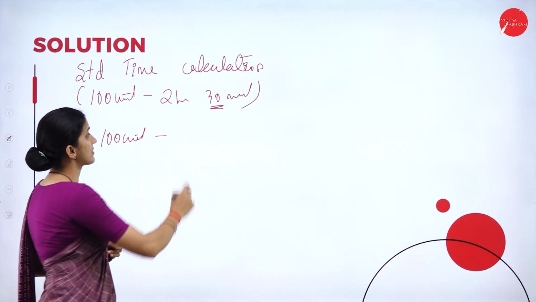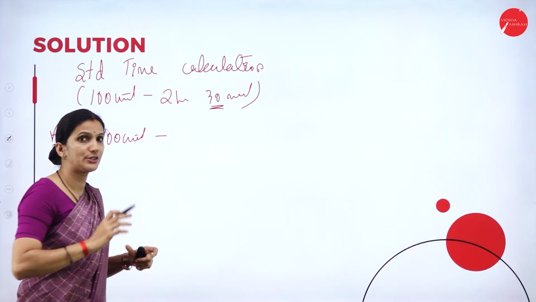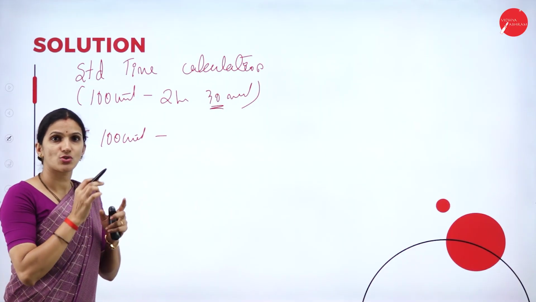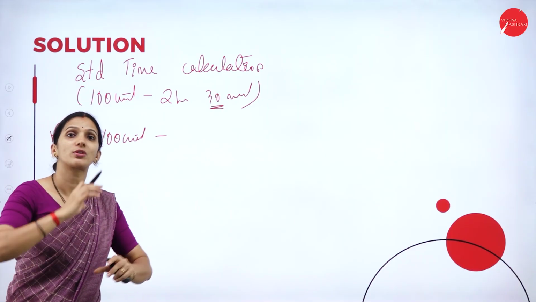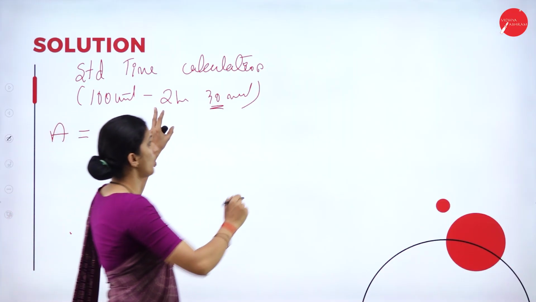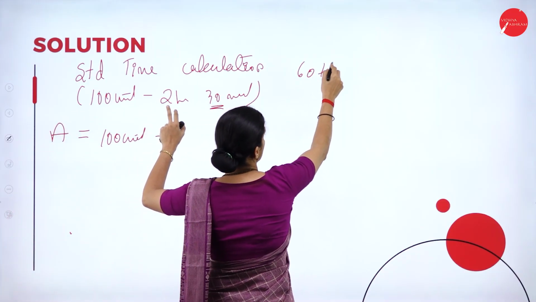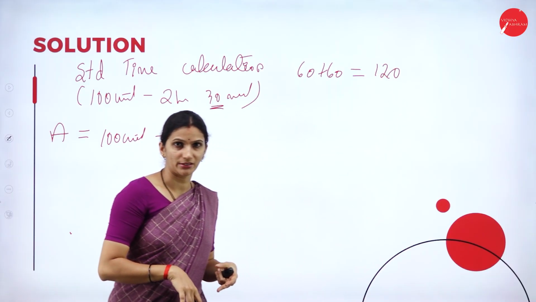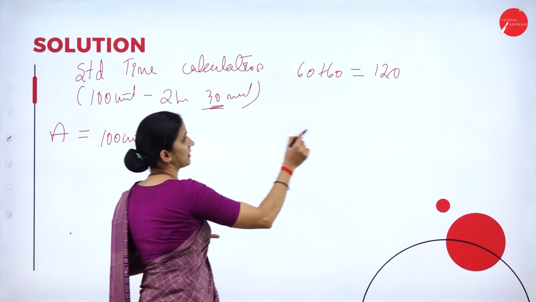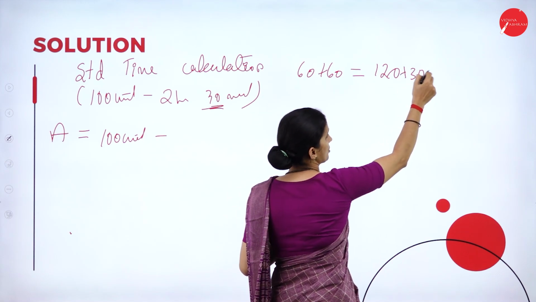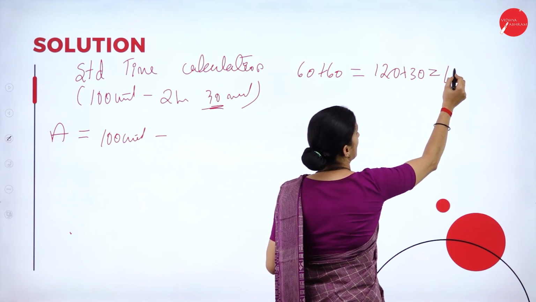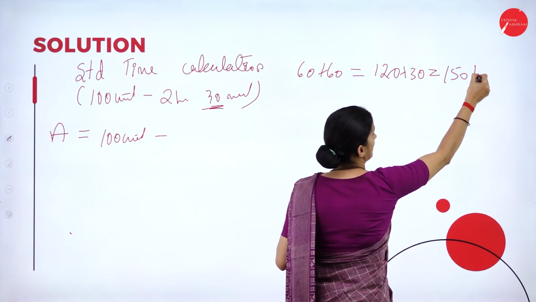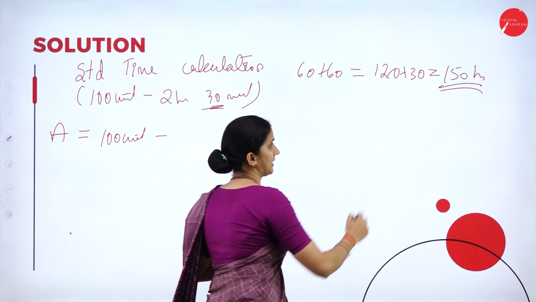So we will convert this whole thing into minutes. 2 hours means 60 plus 60, 120 minutes, plus the additional 30 minutes. So the total minutes allowed is 150 minutes.